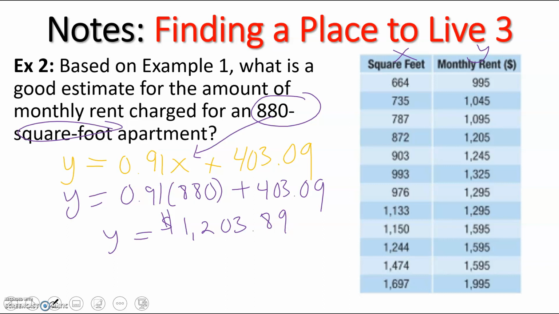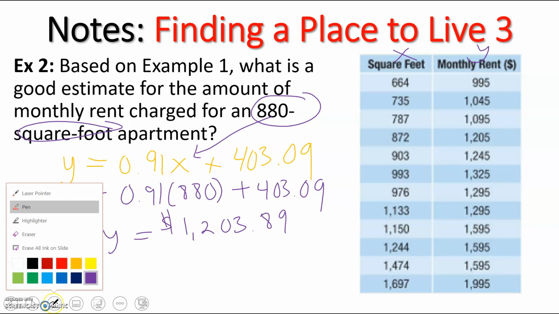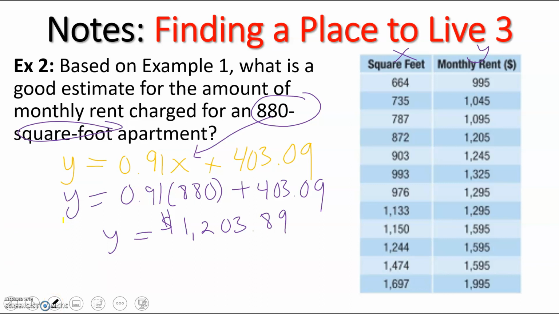Now we definitely want to make sure that what we're getting here does make sense based on what we see in the table. So we're going to approximate where that 880 would have appeared on the table. Now we see here 872 and 903, so we know that the 880 would occur somewhere here.